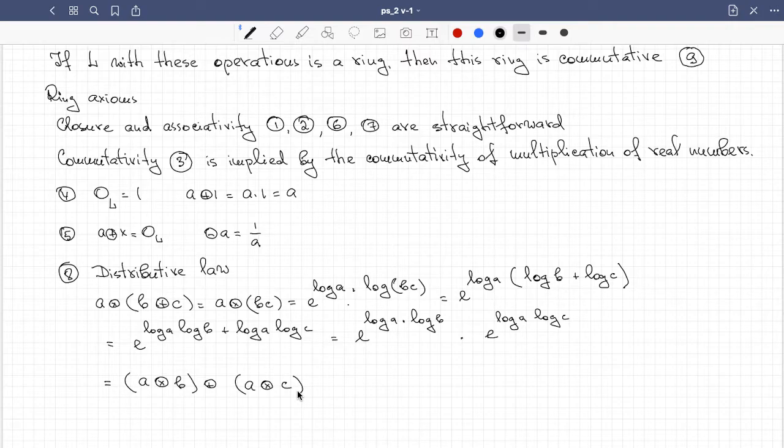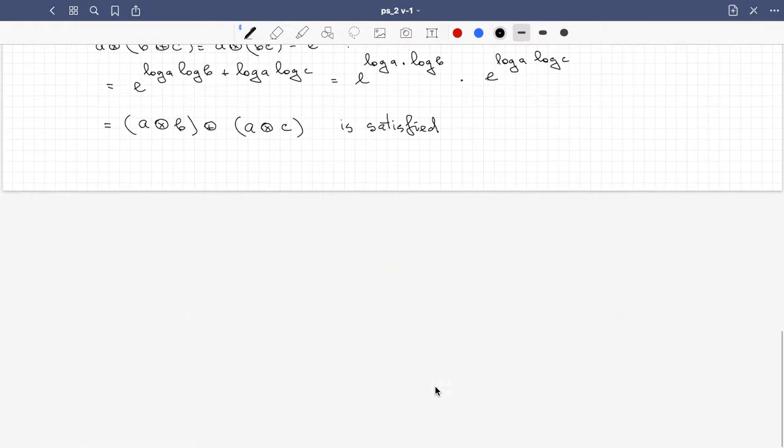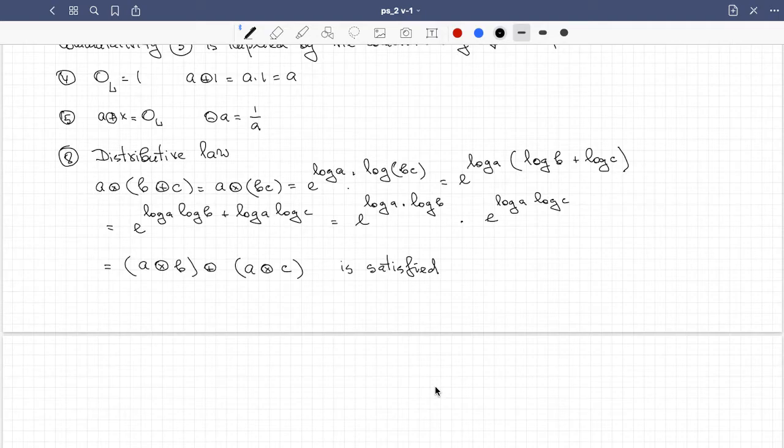So we found that A times B plus C is A times B plus A times C. So distributive law 8 is satisfied. Since we know already that if it is a ring, it is commutative, we can skip doing everything twice from left and from right. So far, we can conclude here, L is a commutative ring.